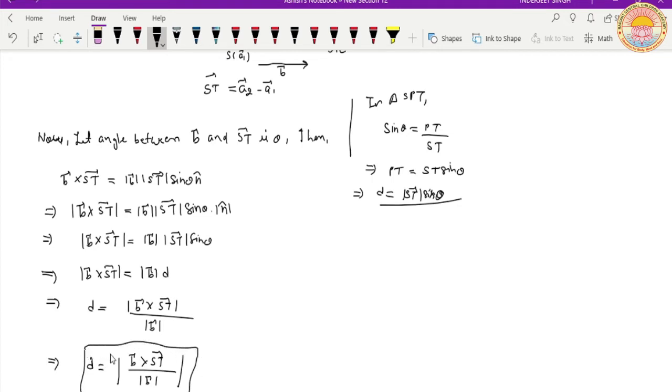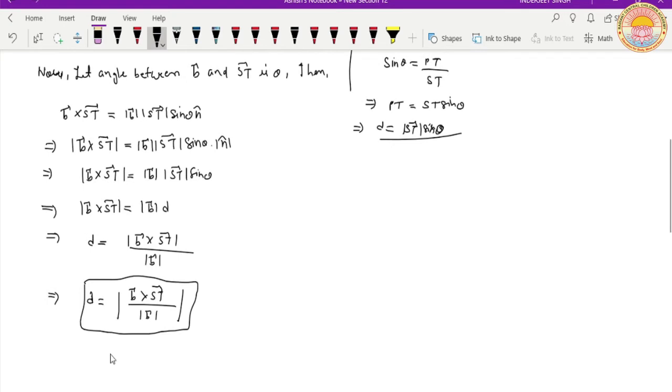So this is the formula for the distance between two parallel lines. D is equal to magnitude of vector B cross vector ST upon magnitude of vector B, and in place of vector ST we can write vector A2 minus vector A1. So it will give D is equal to magnitude of vector B cross vector A2 minus vector A1 upon magnitude of vector B. Clear?